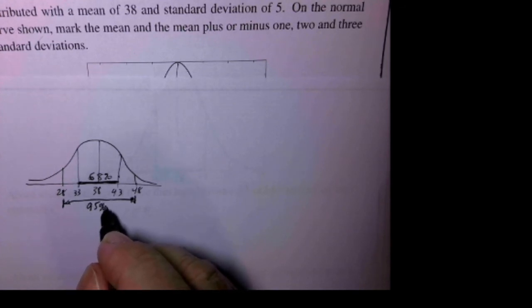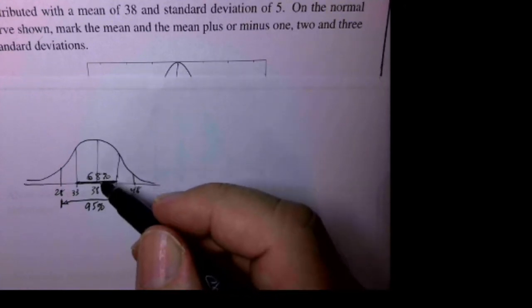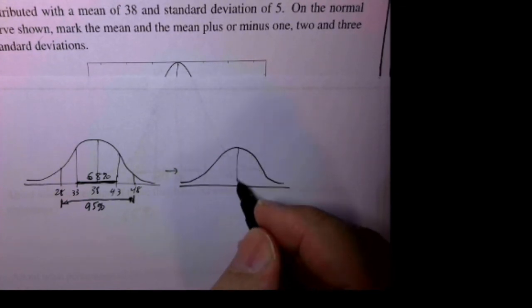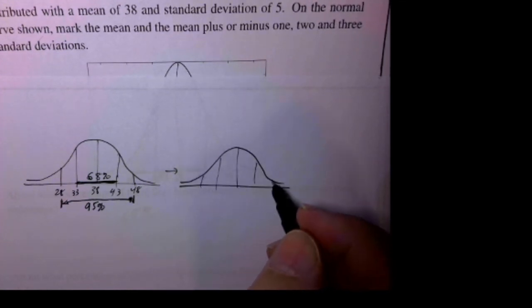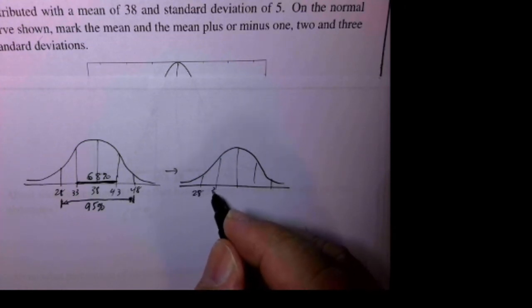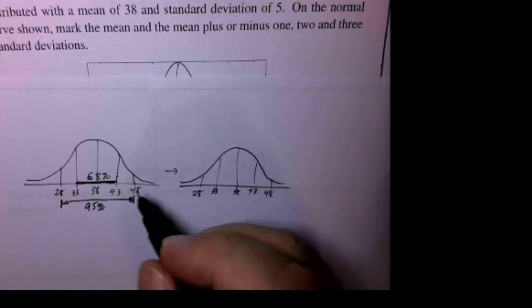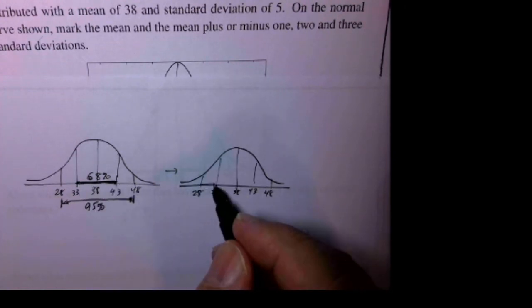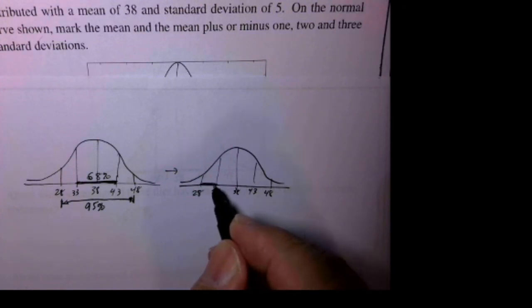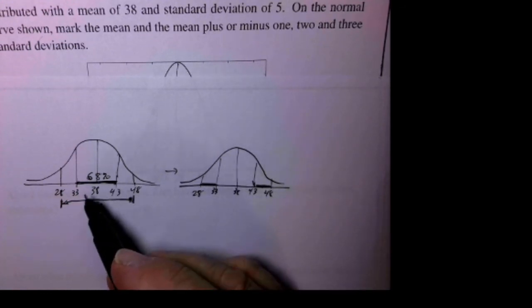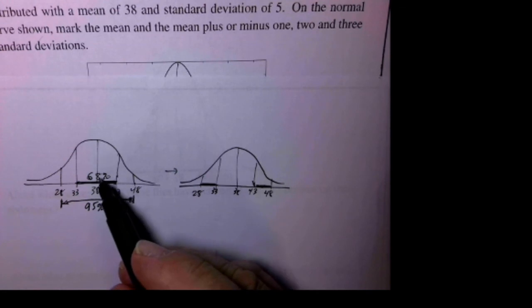95%. So that means, and let's redraw here. 28, 33, 38. Okay, so that means that this interval plus this interval right here, right, these two intervals together, have to have 95% minus 68%.